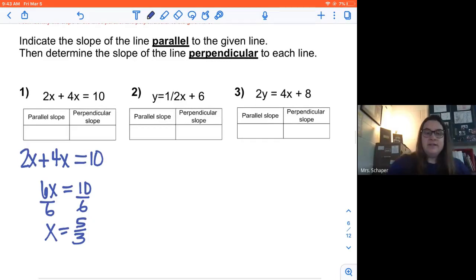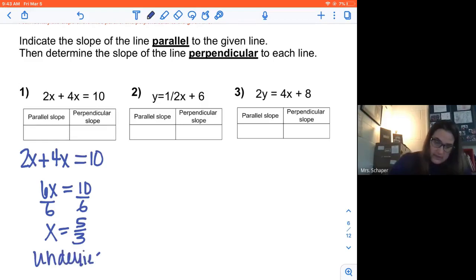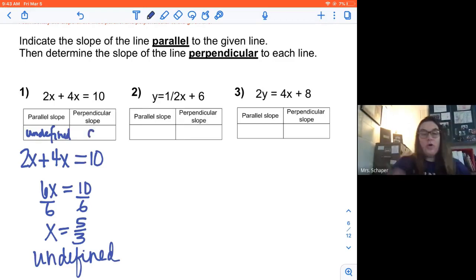So the slope of this line is undefined. Undefined. Okay, so the parallel slope will be undefined because it's got to be the same thing. The perpendicular slope is 0 because then it's going to be a horizontal line, so it's going to be 0.